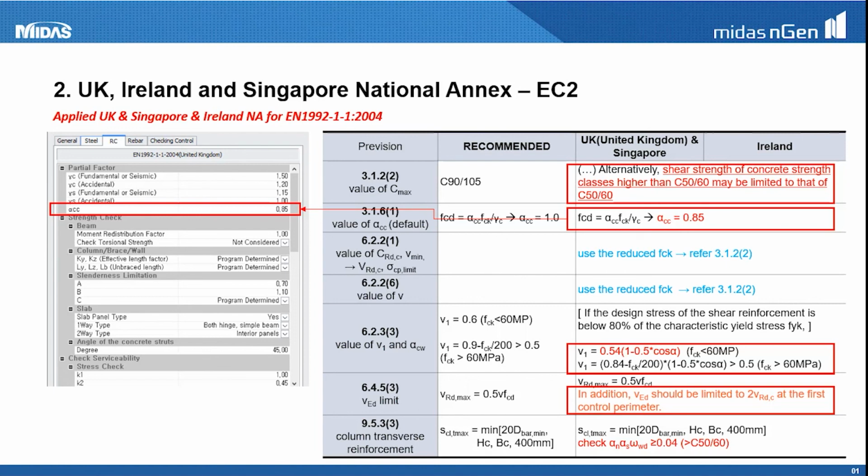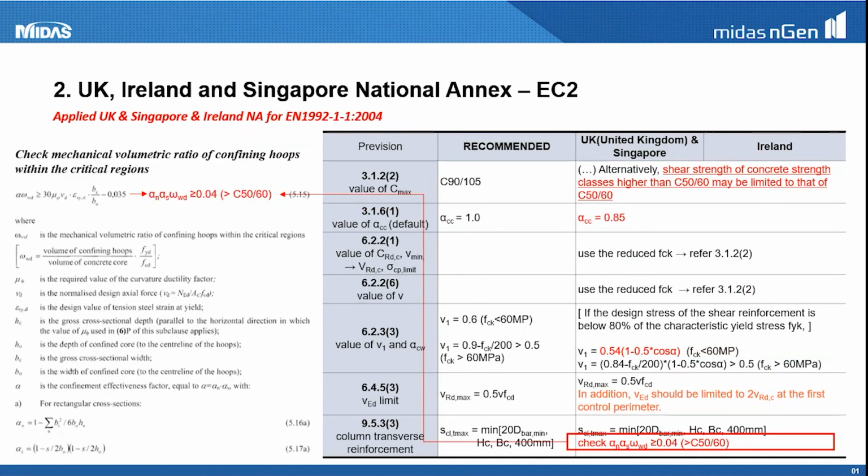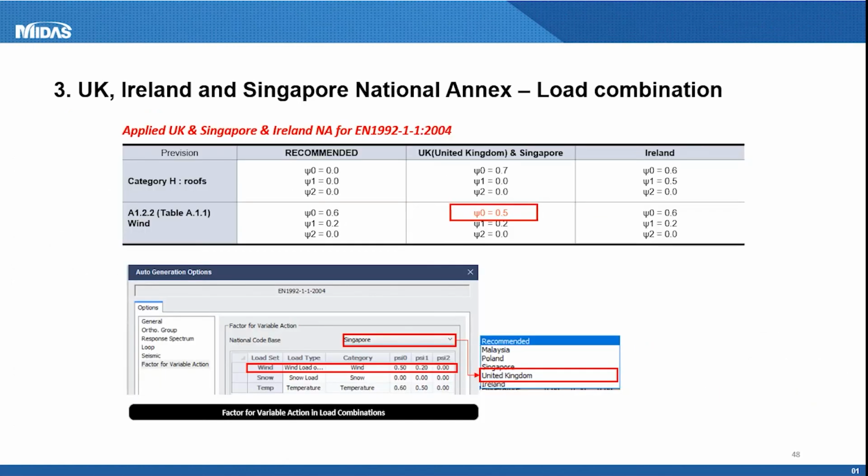The limit of VEd is twice that of VRd,c. Finally, if the concrete strength exceeds C50/60, review the mechanical volumetric ratio of confining hoops within the critical regions. nGen checks whether the mechanical volumetric ratio is greater than 0.4. Lastly, in automatic load combination, psi 0 of wind load is applied as 0.5.